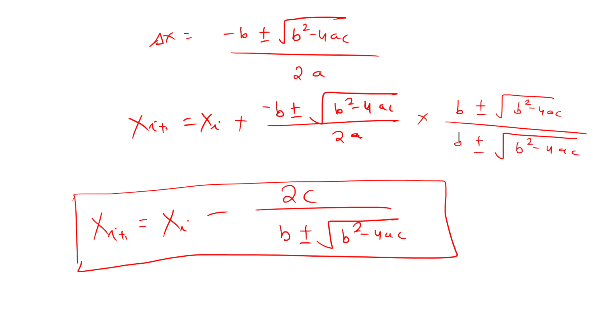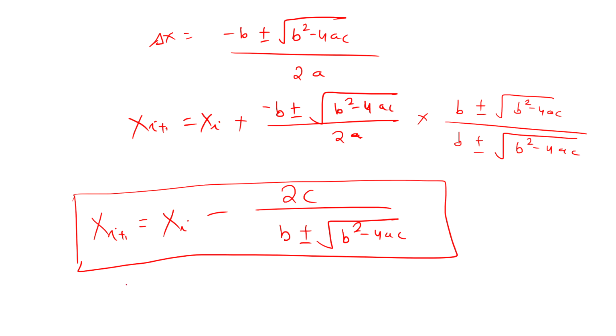So that will give me minus b square plus minus b square minus 4ac, so in the numerator there will be minus 4ac, while in the denominator with this 2a will be there, and b plus minus root of b square minus 4ac will be there. So this 2a will cancel out this 2a. So in the numerator there will be minus 2c only, and then in the denominator we will have b plus minus root of b square minus 4ac.